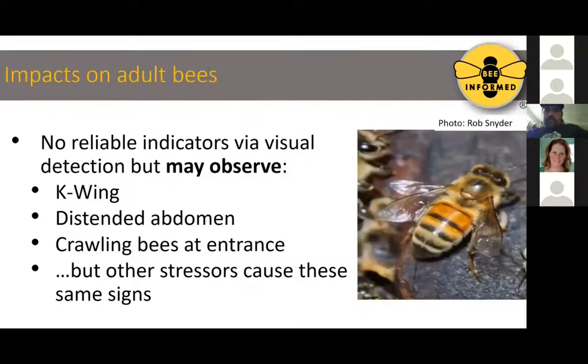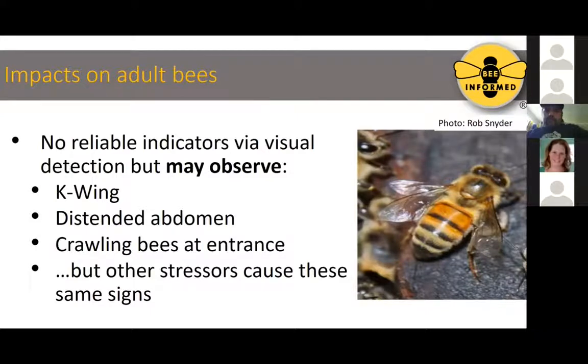As far as its impacts on the adult bees, it's tricky because there is no reliable visual indicator. Sometimes you hear reported K-wing, which came up earlier. This is where the bees have 2 pairs of wings, and in their resting position, like this bee on the right, its 2 sets of wings are splayed apart. Normally between their wings there's a little piece of anatomy called a frenulum, which hooks the hind wing and the forewing together, so they appear as one set.